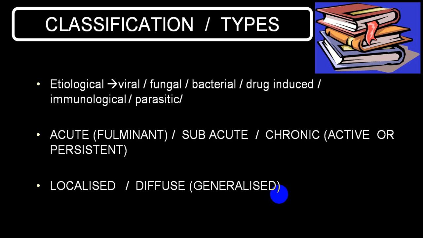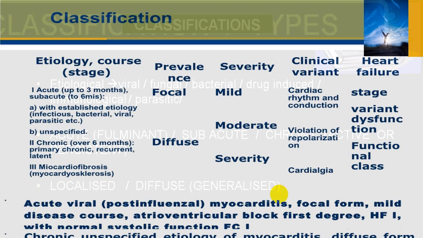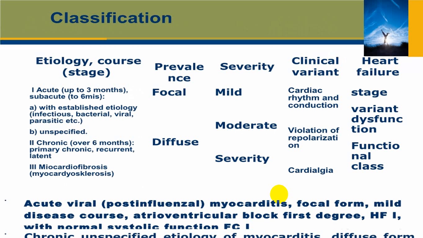In chronic, active and persistent. As far as area of involvement is concerned, localized and diffuse. Diffuse is also called generalized. By and large, acute and chronic are the two most common words being utilized.